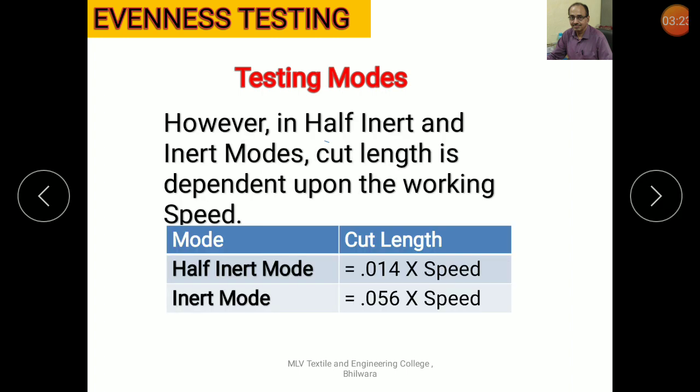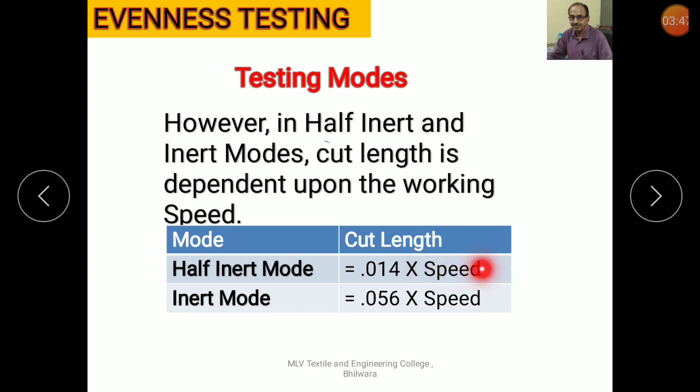However, if you are testing your material in half inert mode or inert mode, in that case the cut length is not equal to the length of the measuring field. Now it is dependent upon the speed with which you are working.